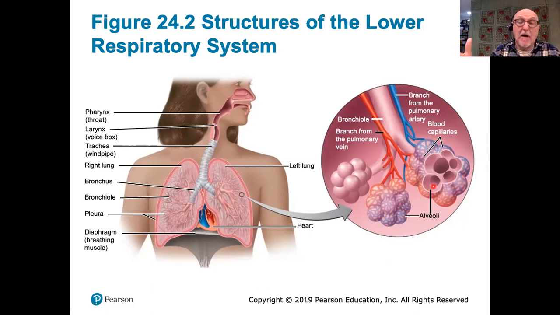So we expel carbon dioxide and absorb oxygen. But you'll realize something immediately. This is an intricate system. And if bacteria should find their way in here, they can actually do a tremendous amount of damage. This actually happens surprisingly seldom, given the amount of bacteria that we must actually inhale all the time.